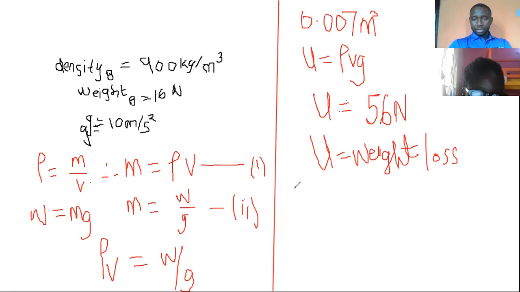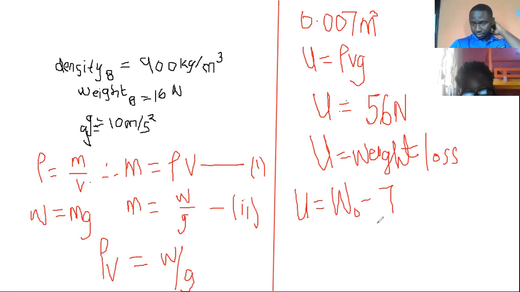That would be upthrust is equal to the weight minus this. Okay. Now for us to get the weight of the body, it will be the weight of the body in air minus the upthrust, which was in the liquid, and that gives us the weight of the body, right?